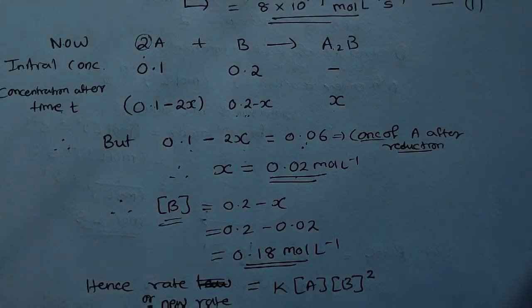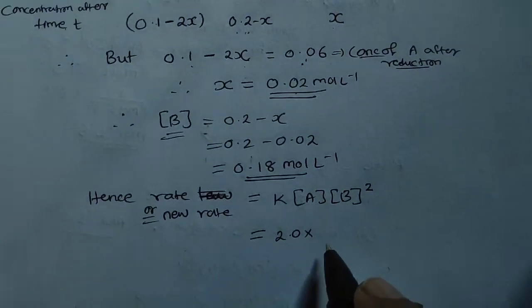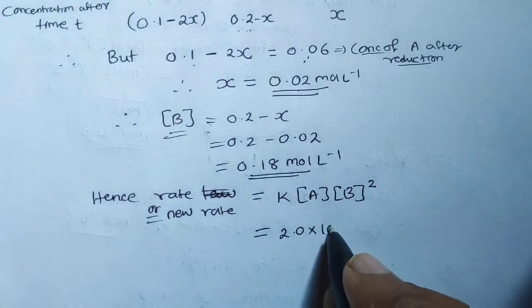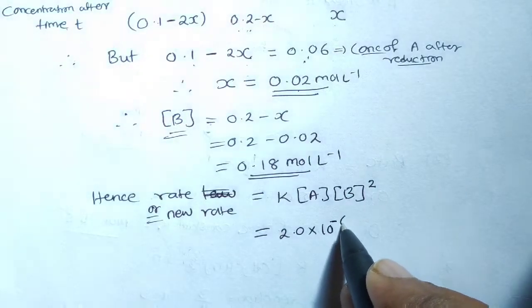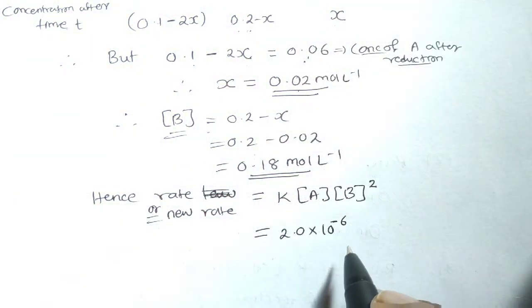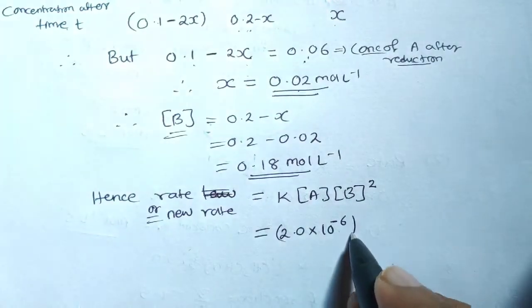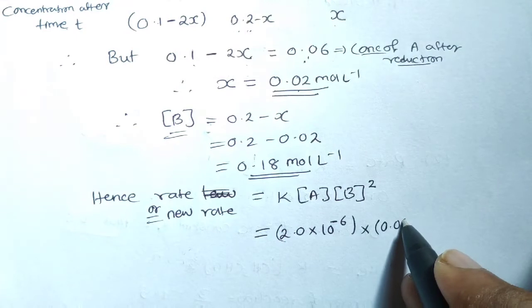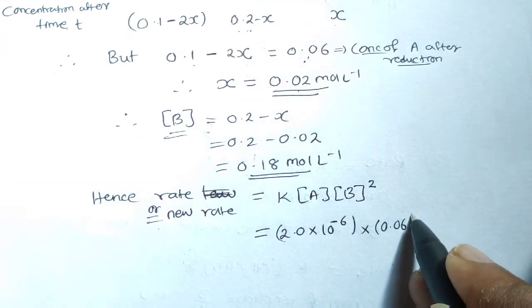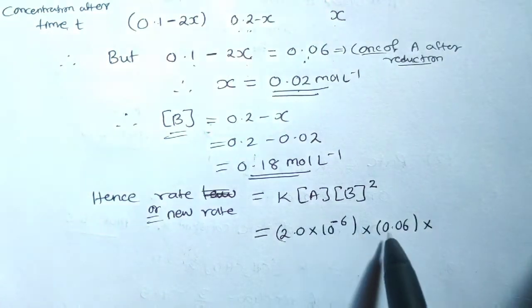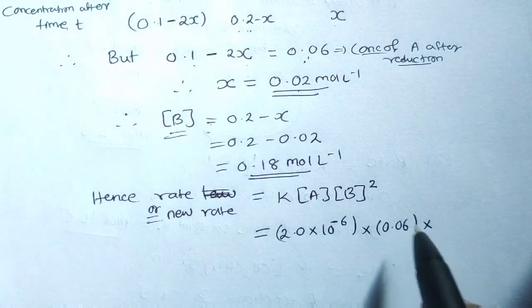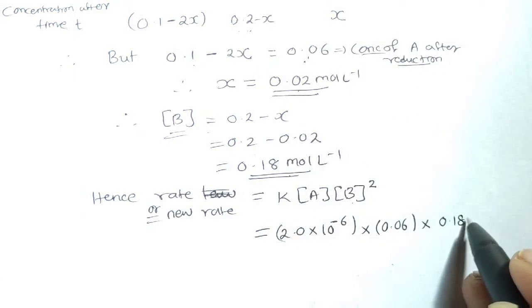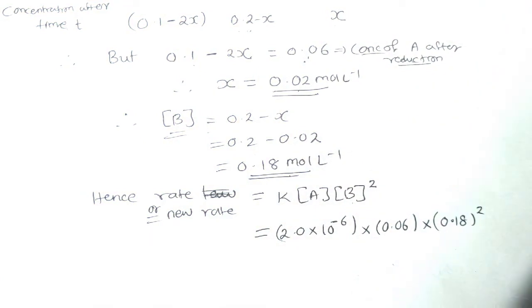K is 2.0 into 10^-6, into the reduced value of A, 0.06 mol L^-1, into the B we found out, 0.18 raised to 2.